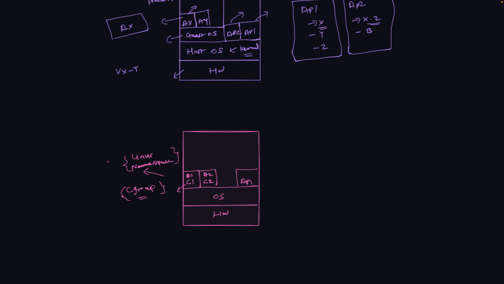So with these two Linux concepts, we have created these containers, and these containers are running just like a simple process. And if the applications running within these containers want to make system calls, then they can just directly make those calls to the host operating system. So there will be some filters. They can't do anything and everything.